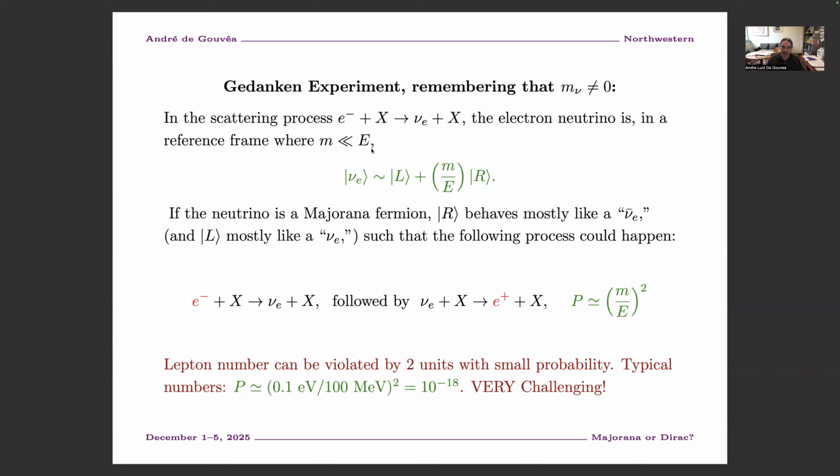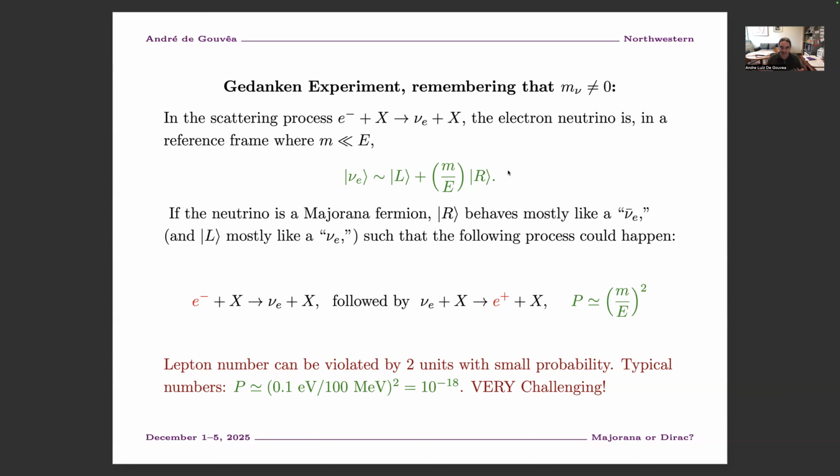Now let's assume that this object here is going to hit something. And when it hits something, just like I was telling you before, most of the time it will behave like the left-handed helicity object. And the left-handed helicity object, when it hits something, is really good at producing electrons, and it doesn't know how to produce positrons. Now, if by chance the neutrino chooses to behave like the right-handed helicity object, that is where the Majorana versus Dirac question comes into play.